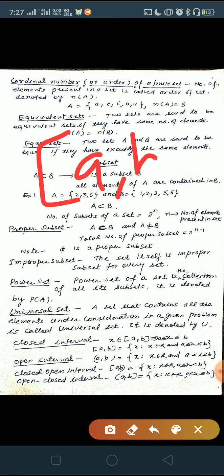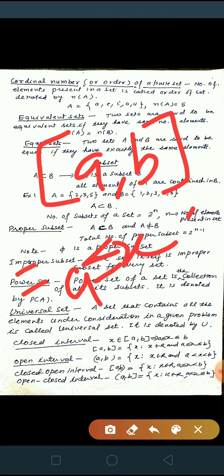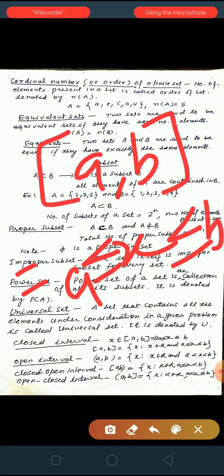What is a closed interval? Actually its brackets show whether it is closed or open. This square bracket shows a closed interval, and it means if x belongs to this set, then x is greater than or equal to a and less than or equal to b.